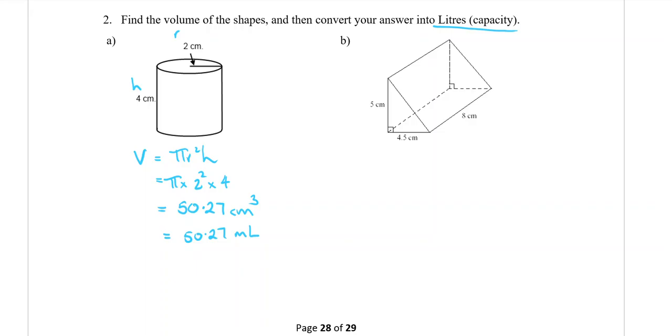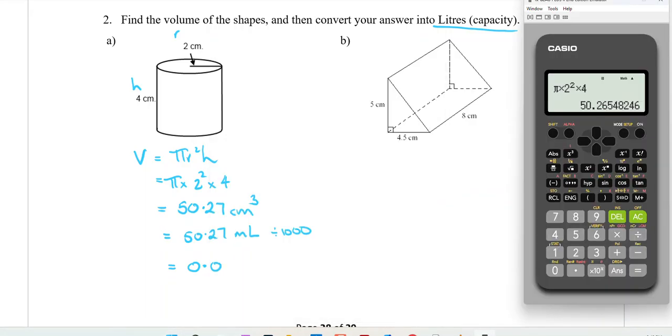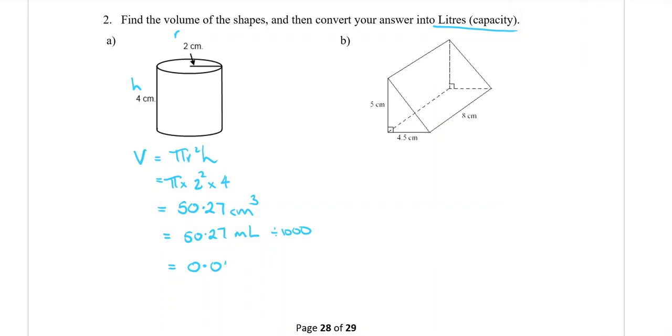If we need that to be in liters, we're going to need to divide by 1000. Now, let me show you this in the calculator. If I divide that by 1000, 0.0502. So I'm just going to round that to 0.05 because there's my 2 decimal places, liters.